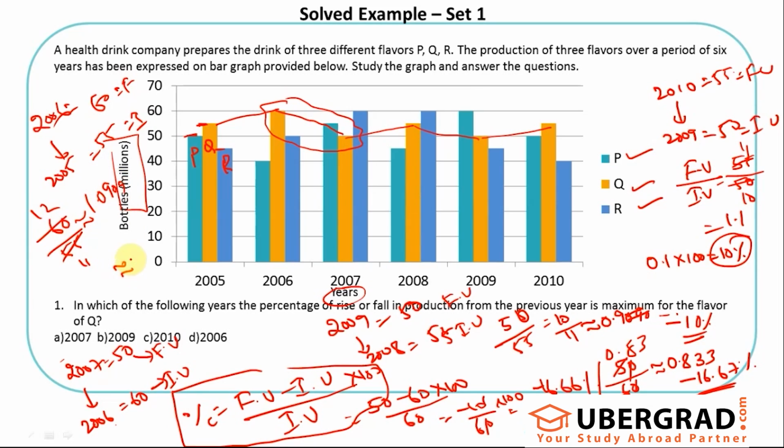So it is basically plus 9 to 10%, whatever it is, it is a plus. So as I said, a drop or increase of 16.67% is the highest. So the answer would be 2007.